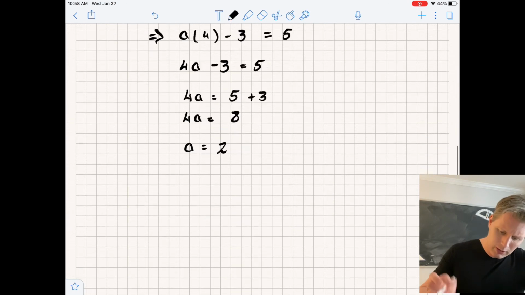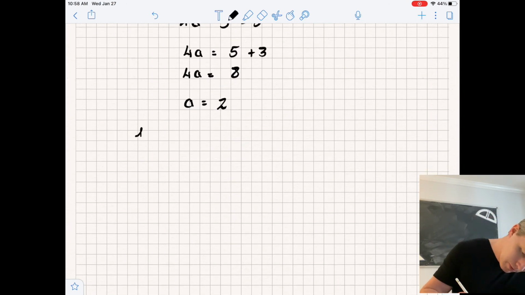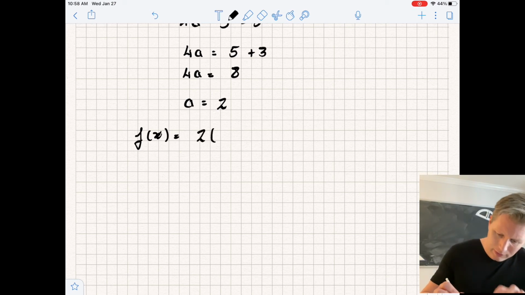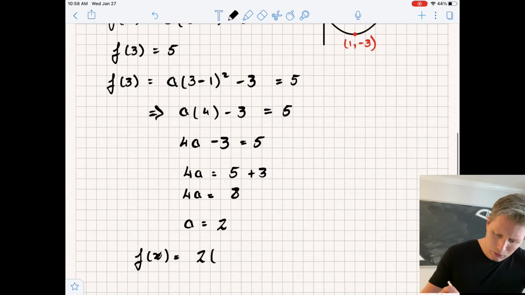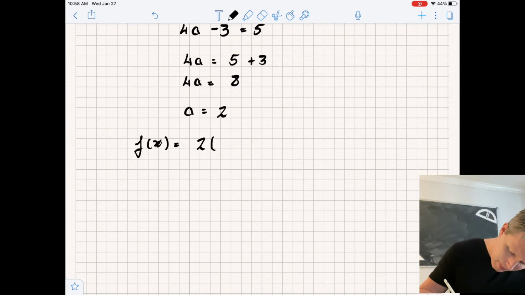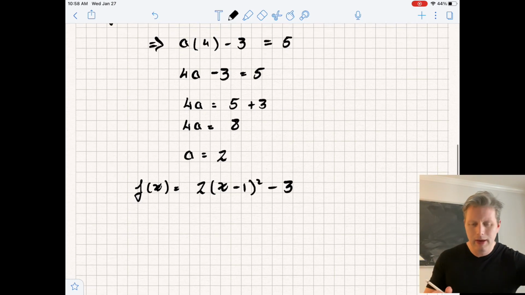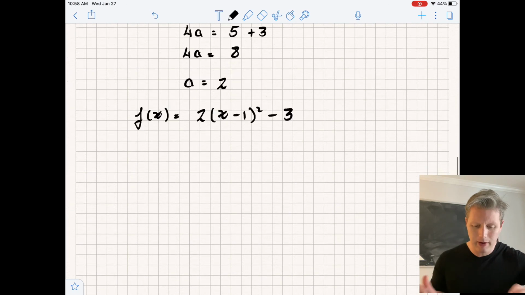So my function is f of x is equal to 2 times x minus 1 all squared minus 3. And that is it. I'm going to also put this one in standard form.